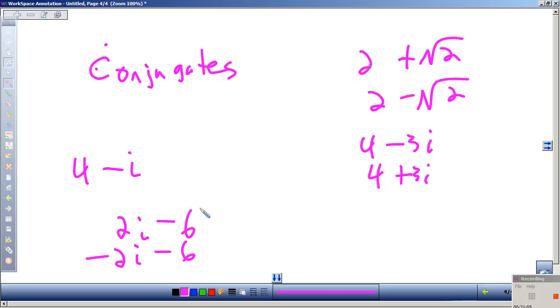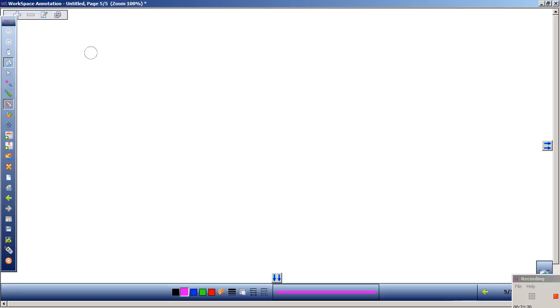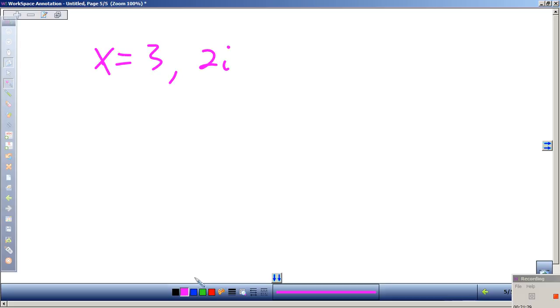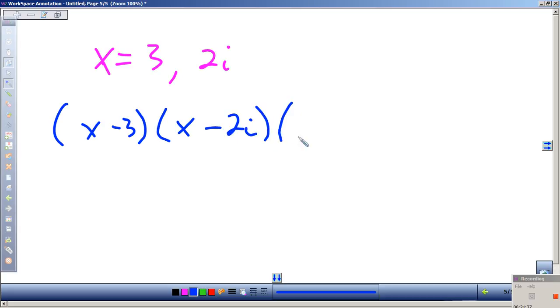This comes into play sometimes when we ask, give me a polynomial that has these as solutions. So x equals 3 and maybe 2i and negative 2i. First we have x minus 3, then x minus 2i, and x plus 2i. We would have to write something out like this. Do you follow that? What is this going to be if you multiply these together? x squared plus 4 for these two.